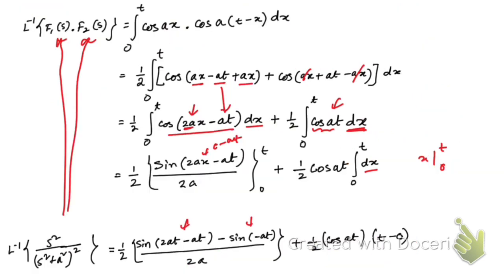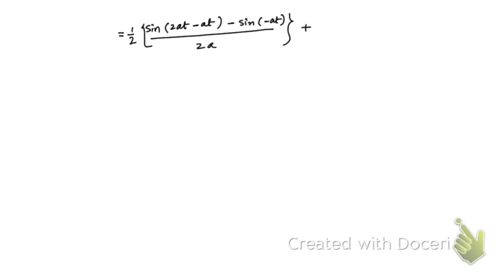So instead of capital F1 of s, F2 of s, we have written this. Hope you have understood. Now let's go to the next slide. Here you see, this is what we have got in the last step. Let me write it. Okay, so this is what we have got, right?